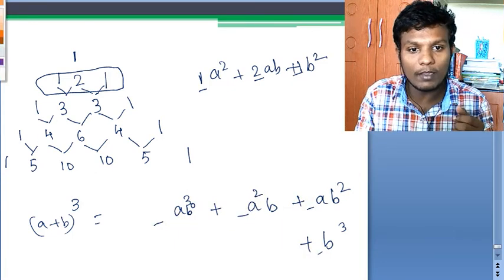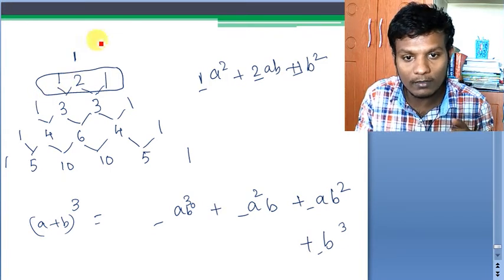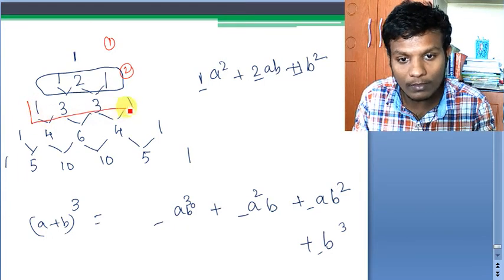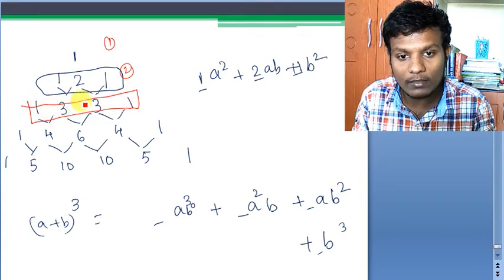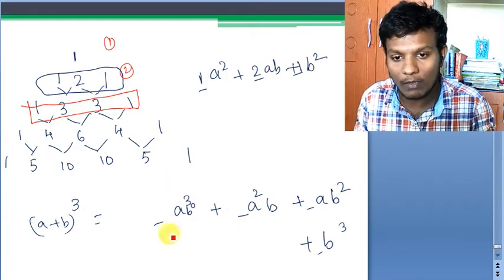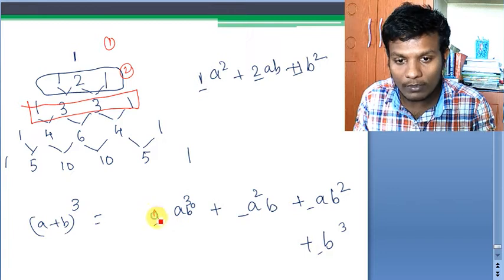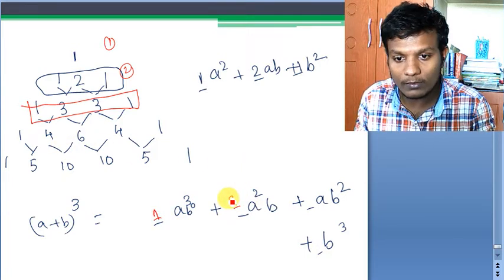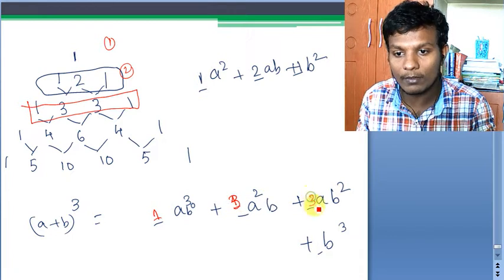What shall I write them as? If you see very carefully, it is the first step, the second step, and our third step. In this third step we have 1, 3, 3, 1. So I write 1 here, 3 here, 3 here, and 1 here.